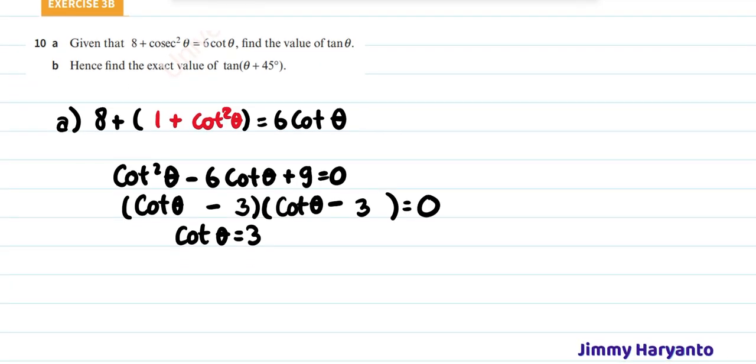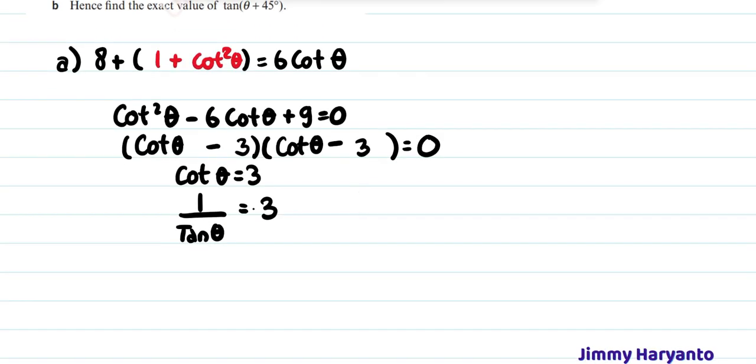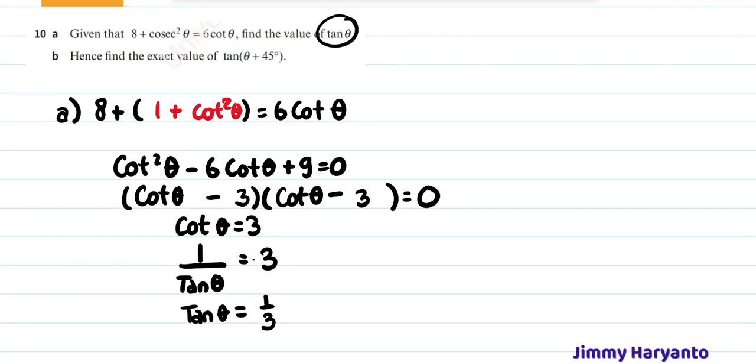We only have one of them, that means 1 over tangent theta. I change the cotangent theta into tangent theta, and then flip the fraction. You will have tangent theta equals, flip the 3, 1 over 3 as the result. So this is the value of the tangent theta for the first question.